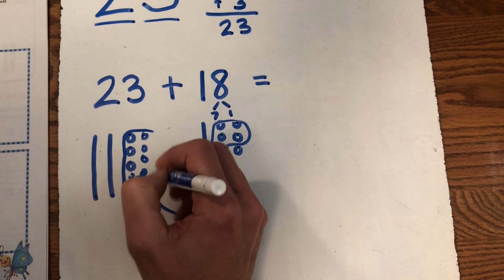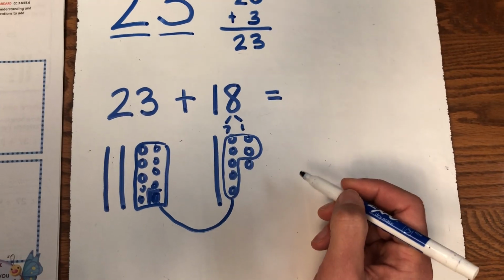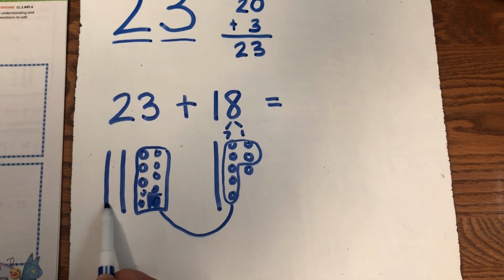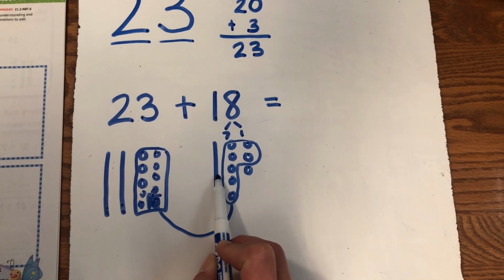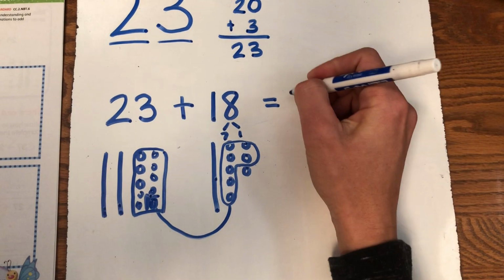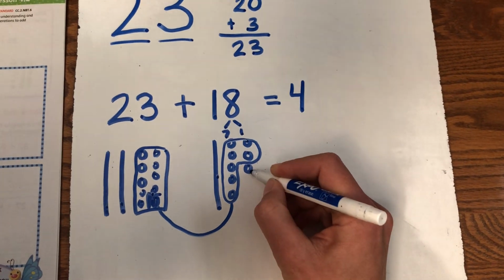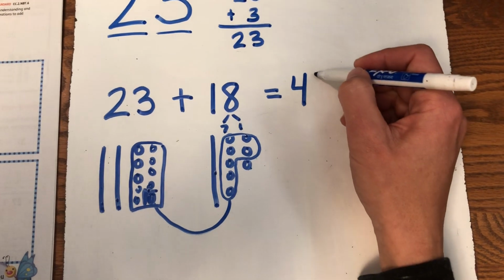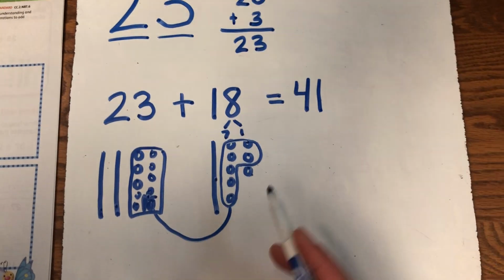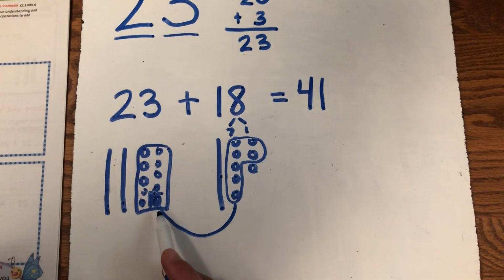Now I've made that 10, haven't I? So now I have 1, 2, 3, 4 rods. And how many cubes or ones were left over? Just that 1.